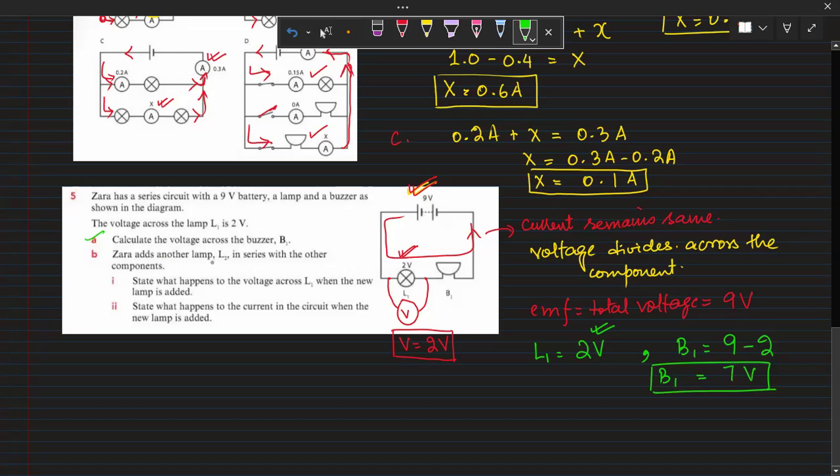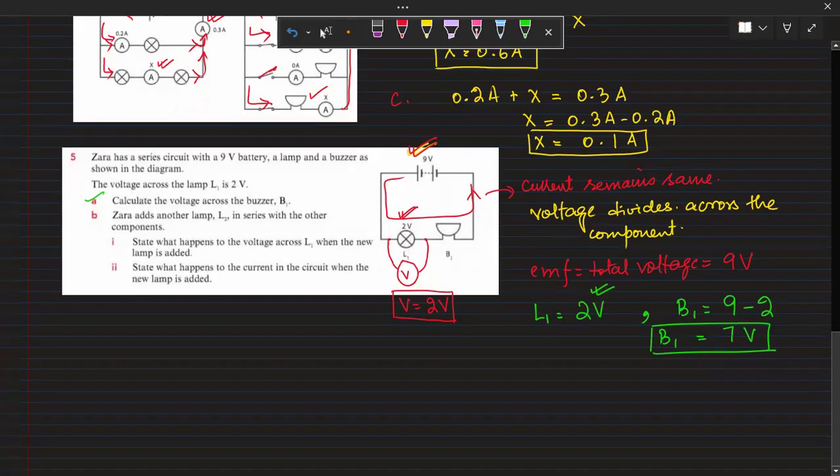Now Zara adds another lamp L2 in series with the other components. State what happens to the voltage across L1. So see, if you add another lamp, L2, what will happen to the voltage drop across L1?